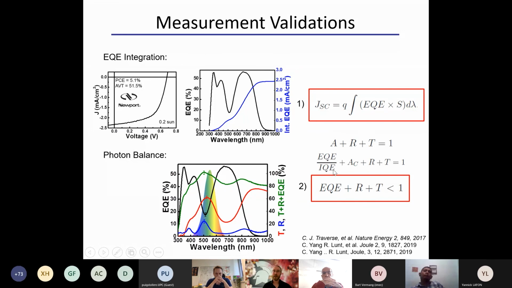So if we assume our internal quantum efficiency is maximum 100%, then our EQE can substitute for our A, and we can rewrite this expression: EQE plus R plus T has to be less than 1. And there have been a handful of reports that we've seen, and you can see still in the literature, that actually have numbers above this, which means that something has been mismeasured, either the transmittance or the EQE. But either way, it's problematic.